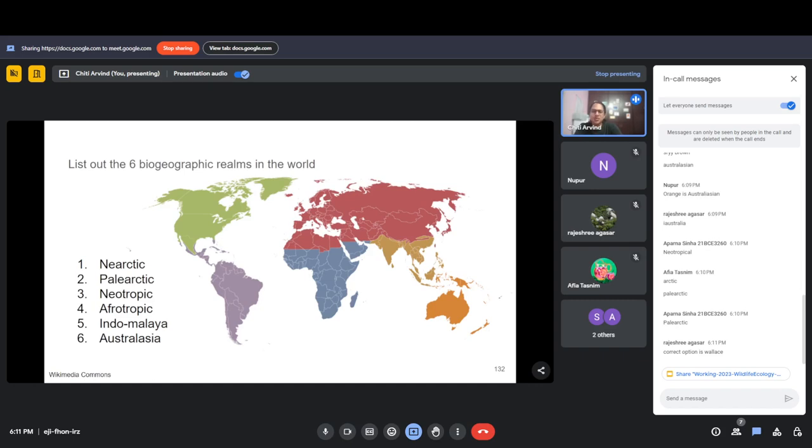Correct option is Wallace. I didn't quite get that, Rajeshri. Do you want to maybe expand? Any idea why we have these biogeographical realms? What's the big point?